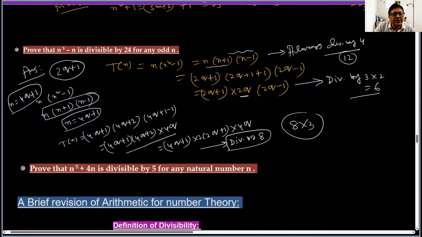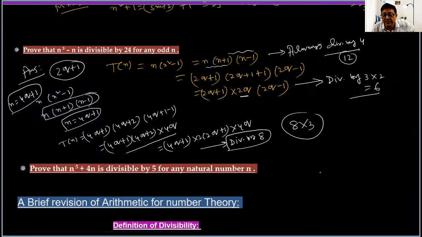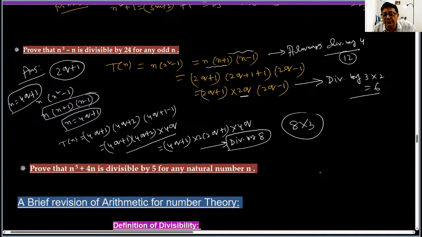This is one similar question: prove that n to the power 5 plus 4n is divisible by 5 for any natural number n. Go by the same method, divisibility by 5. I am giving you the clue, but you try at home. You first write Tn equal to n into n to the power 4 plus 4, isn't it?